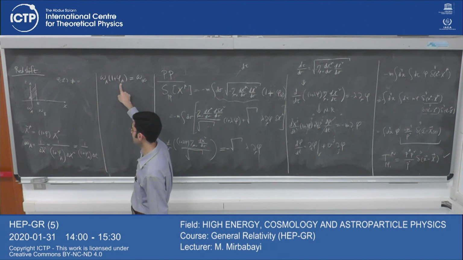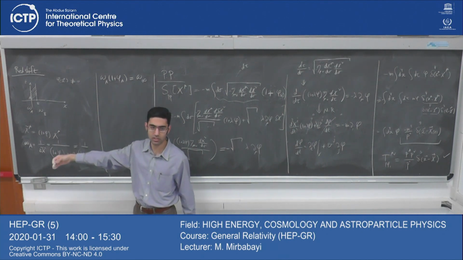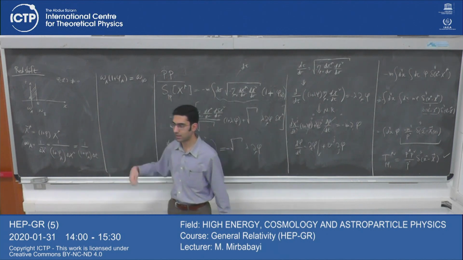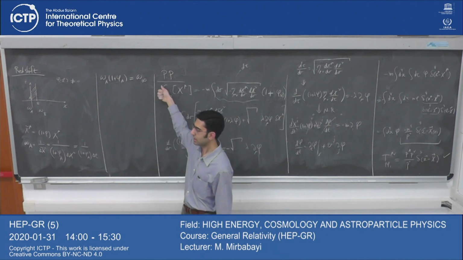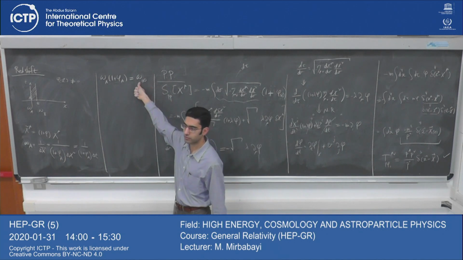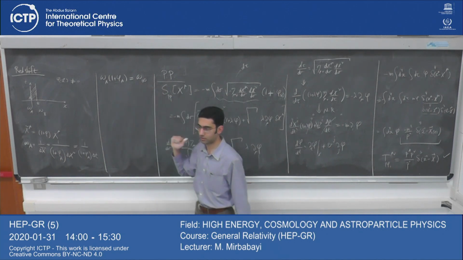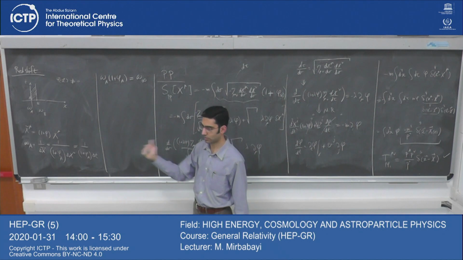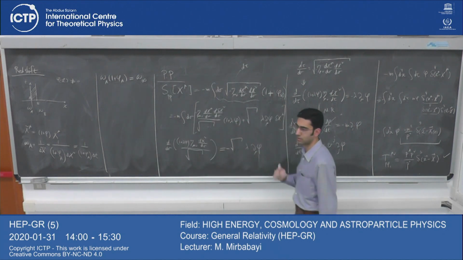So what it means is that someone who is deep in the gravitational field and sending us signals, those signals arrive at us at a lower frequency, omega infinity, or the frequency that I observe for those photons will be lower.